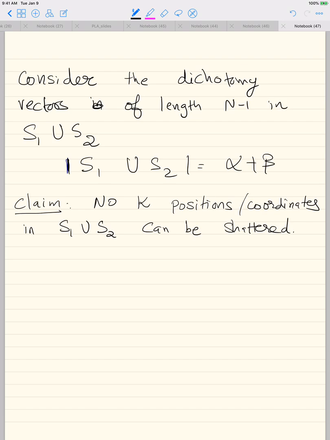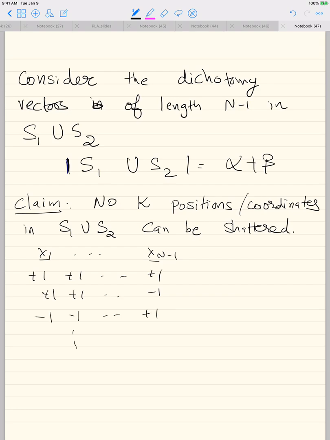Is it clear what we are saying? Any questions about what we are saying here? The statement clear? So you have vectors of length n minus 1 in S1 union S2. And I'm claiming that if I look at any k coordinates, then I won't be able to see all 2 to the k possibilities in this collection. So imagine that if I look at S1 union S2, I have n minus 1 positions, so I may get something like this, and so on.